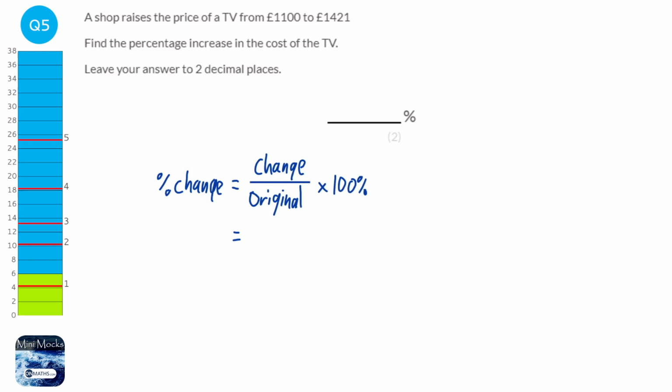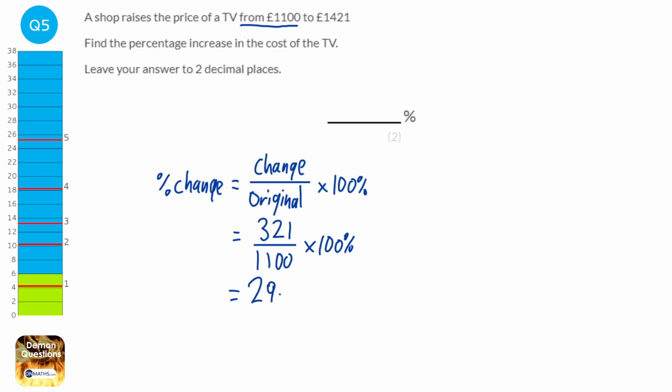So we're going to do 1421 take away 1100, which is 321. Divide that by the original amount. So the original amount was the 1100, and then times by 100%. And that's going to be 29.18%.